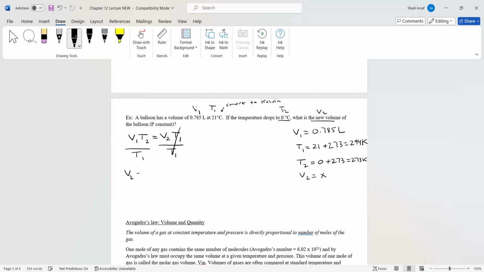So we have V2 equals V1 T2 over T1, and then let's start plugging in. V1 is 0.785 liters times T2 is 273 divided by T1, which is 294.